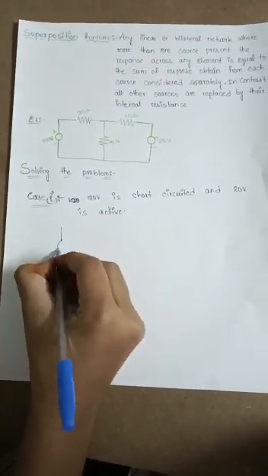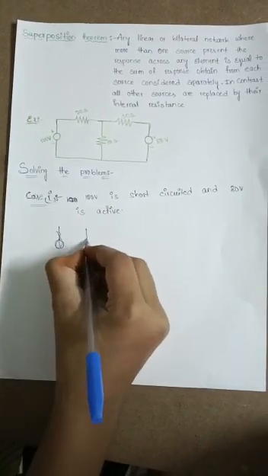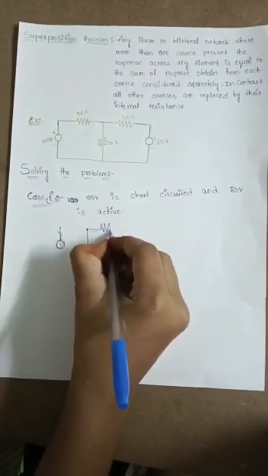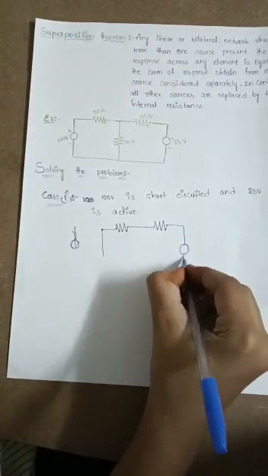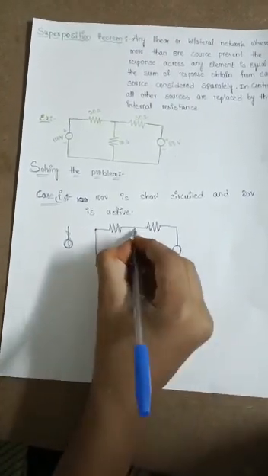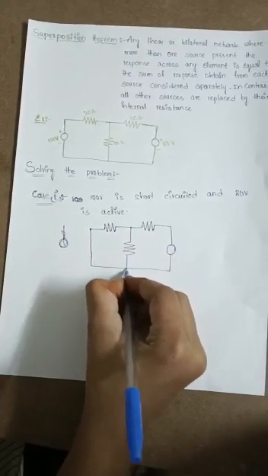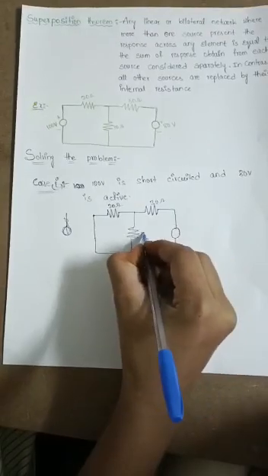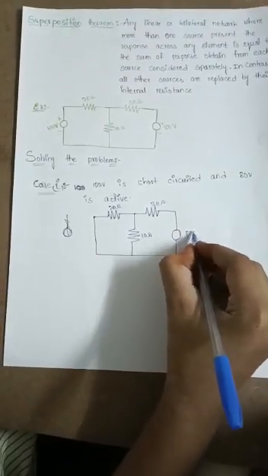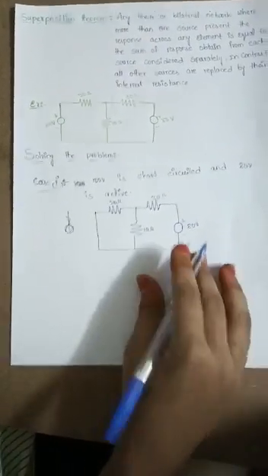Here is the circuit: 20 ohms, 30 ohms, 10 ohms and 80 volts. These are the terminals.